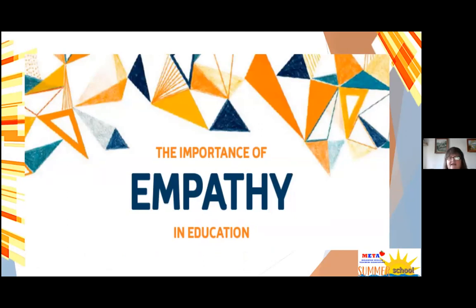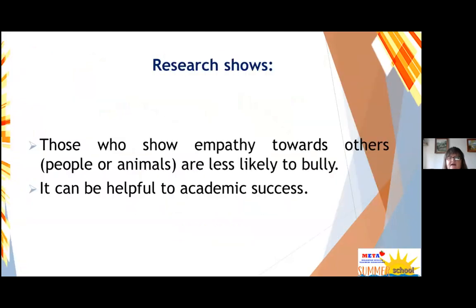How important it is to say something to our students during the lesson, how important it is just to feel empathy. And in fact, research shows that those who show empathy towards one another, and people or animals, are less likely to bully.